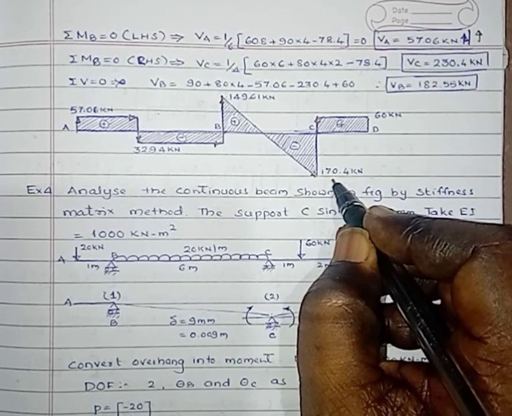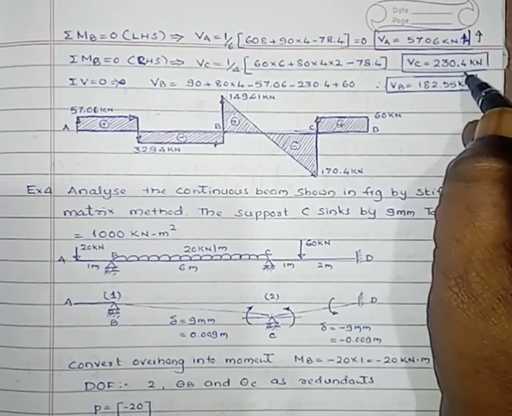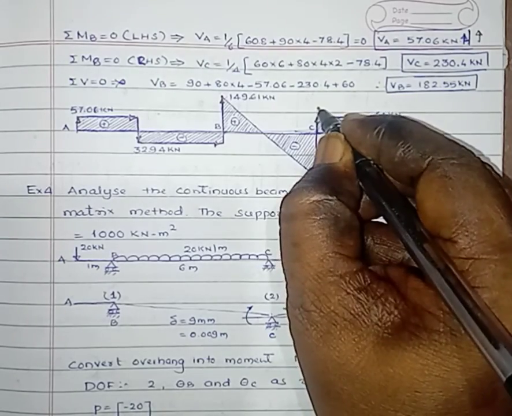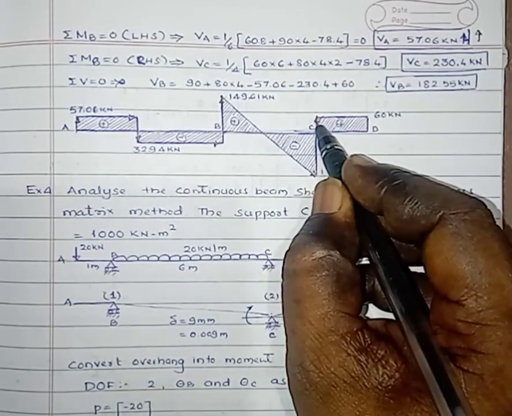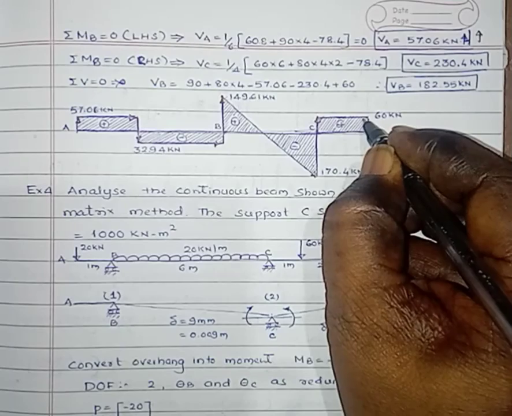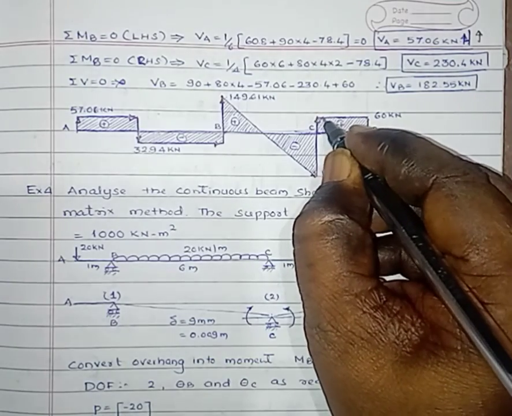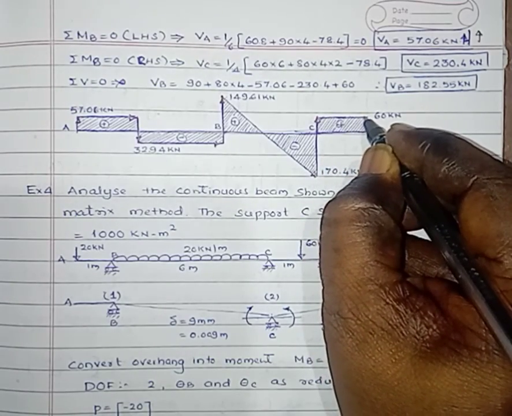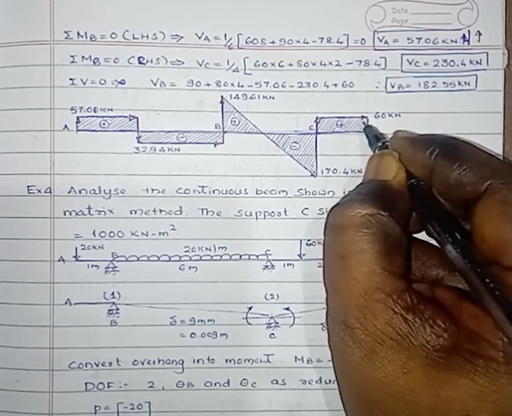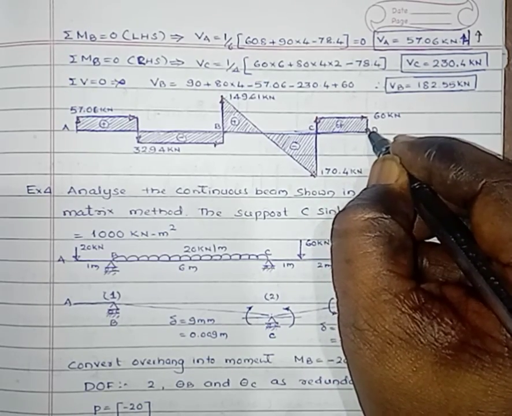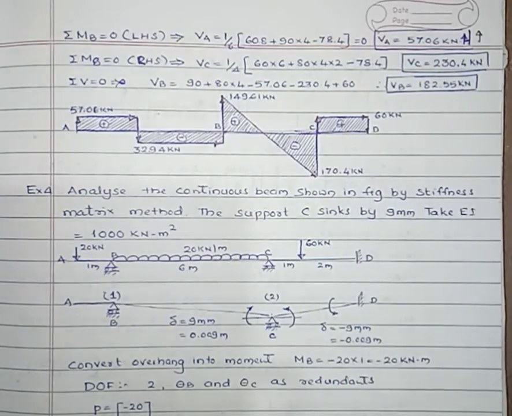Here you will get minus 170.4 plus 230.4, a shear force of plus 60 kilonewton. Then it remains constant from C to D. At D there is a point load in the downward direction, so plus 60 minus 60 becomes 0.